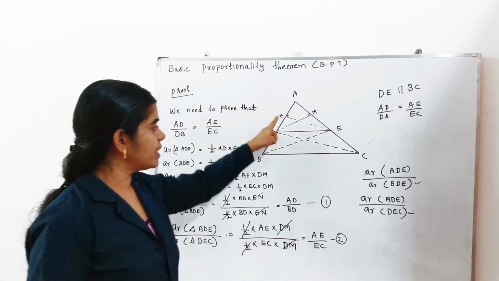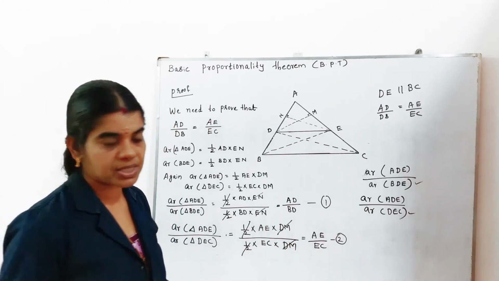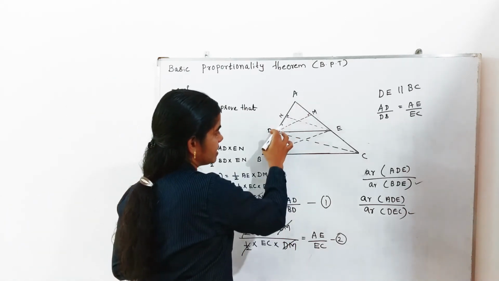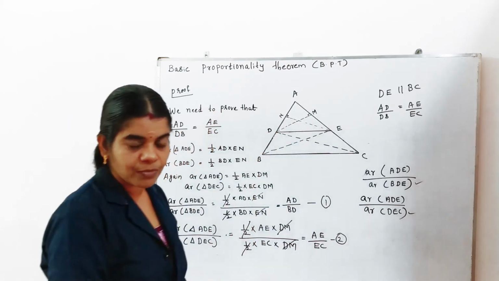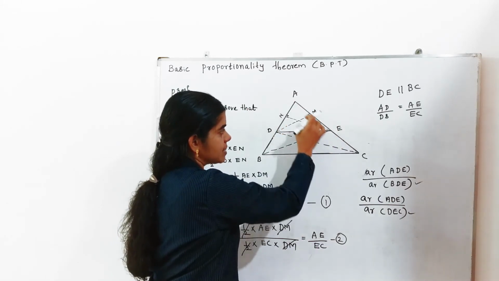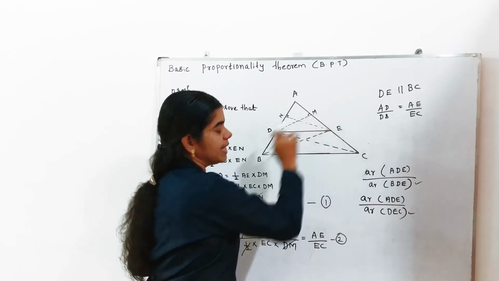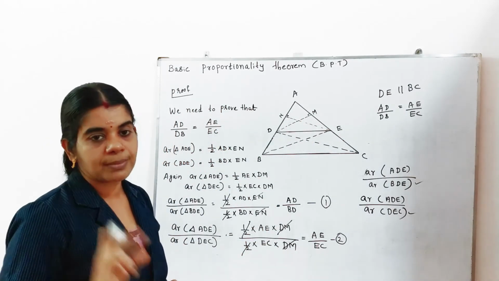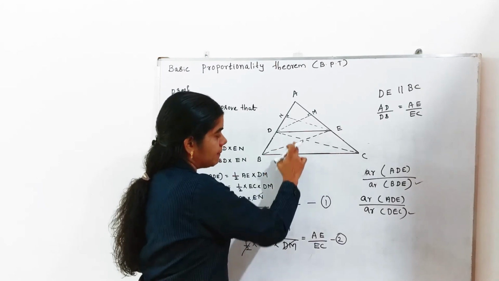Then the area of a triangle ADE, you already know, is half into base into height. If you are taking this as the base, half into AD into EN will be the area of the triangle ADE. If you are taking AE as the base, then the area will be equal to half into AE into DM. That two times you want to write. Then we are joining DC and BE.